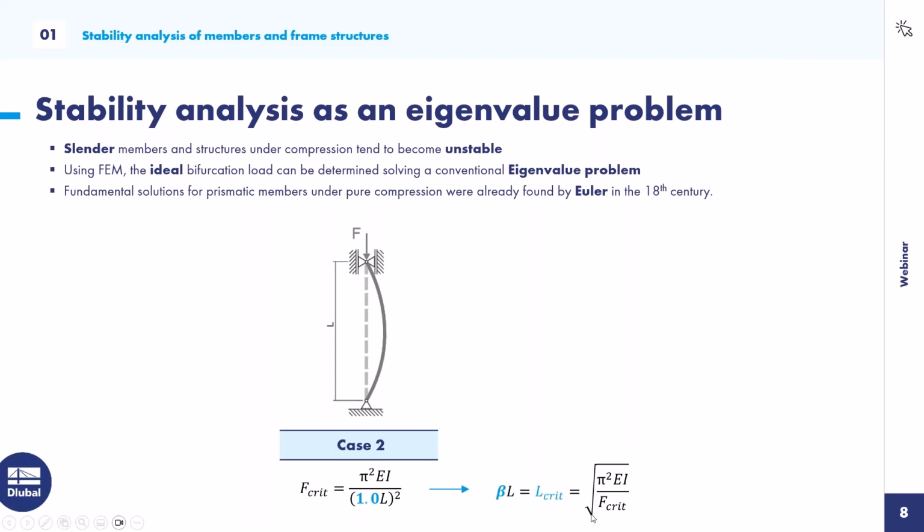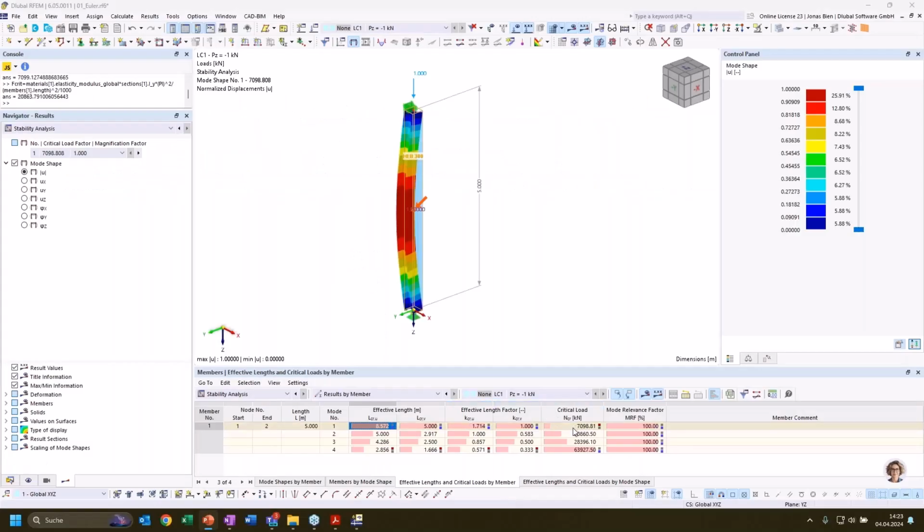When we know what our F critical, the critical buckling load, is, then we can evaluate the critical buckling length. And of course, when we divide it by the system length, we can evaluate the buckling length coefficient beta as well. That's what is done here in the background.